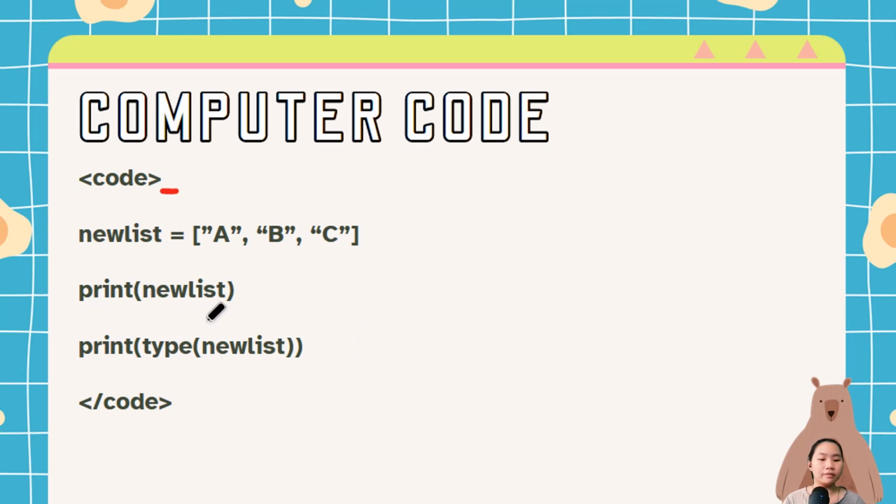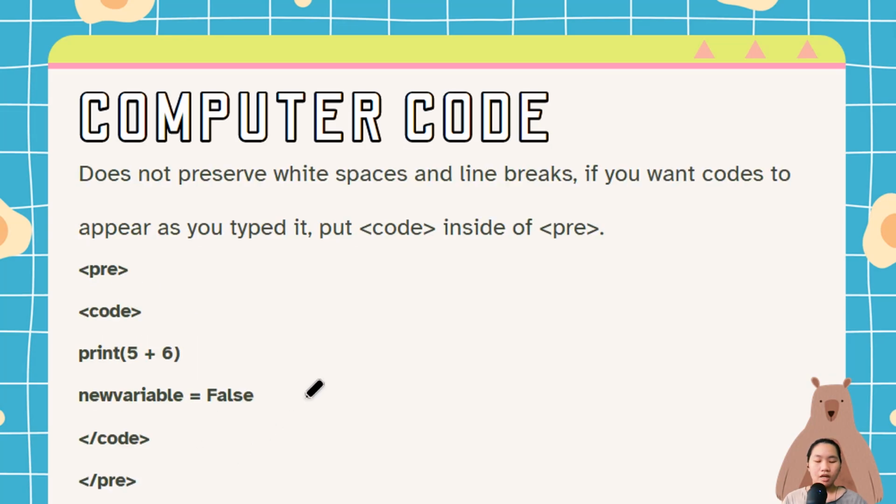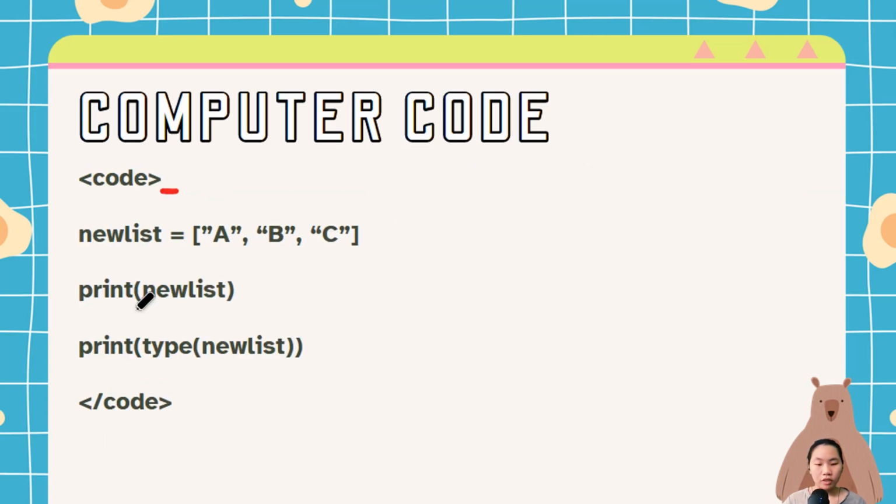This is Python code. Now, I do want to give a mention: even if you add line breaks, white spaces, and tabs, code does not consider that. So this will be portrayed all in one line, which does not look so nice.